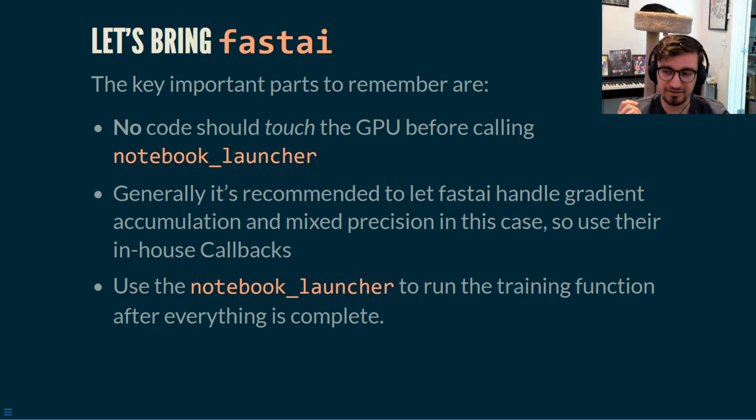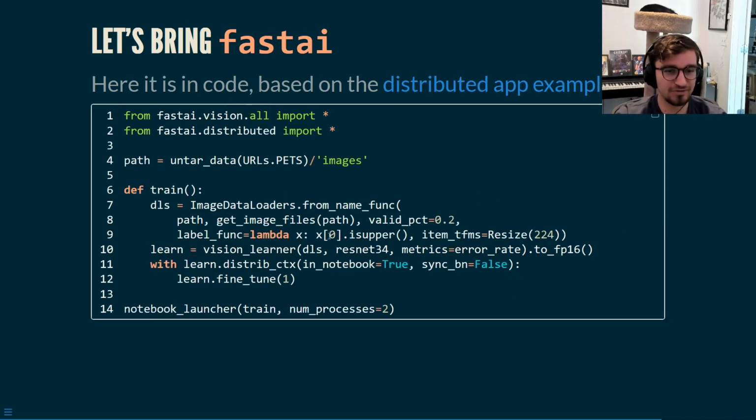And basically what that means is somewhere you're spawning CUDA in a particular way, be it either an import or through calling .cuda on something unintentionally. And as a result, you should put that inside the training function. So inside of this function here is everything that should touch CUDA.